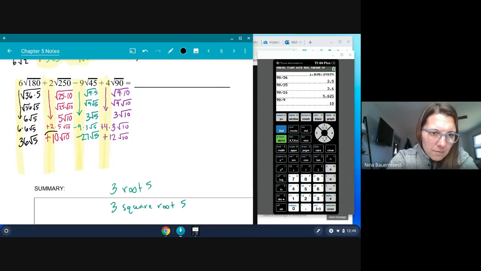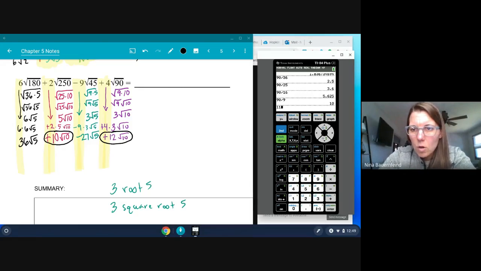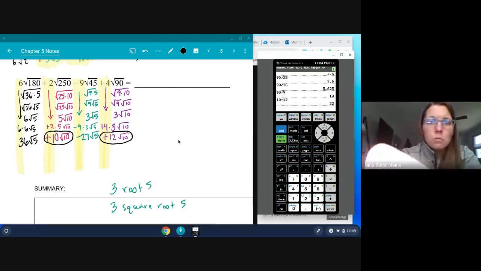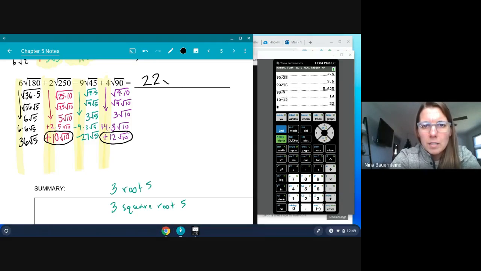So then the last step, and to me this is kind of the easier part. You see how we have a positive 10 root 10 and a positive 12 root 10? What we can do is go 10 plus 12. They're both positive. And we get 22. So that means we have 22 root 10s. You just put those together.